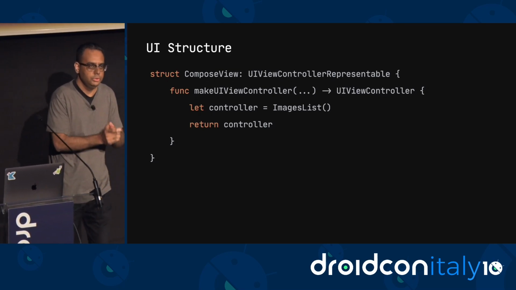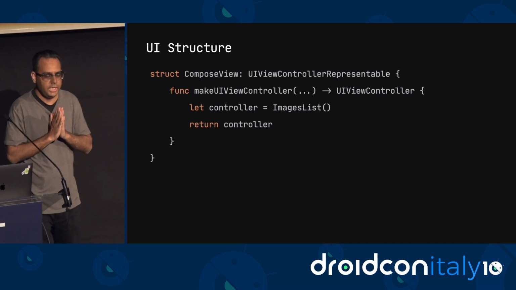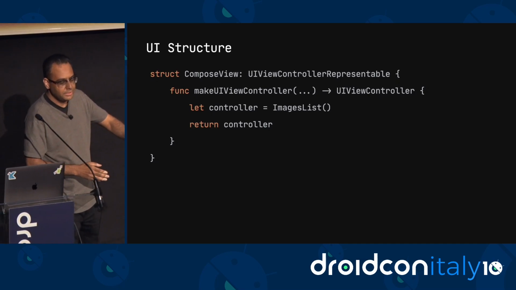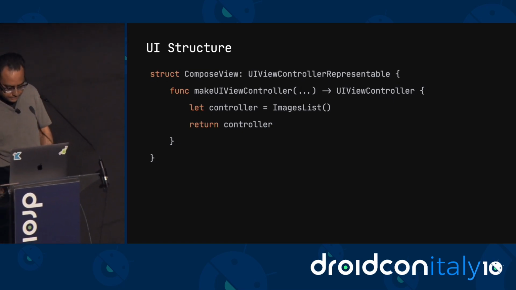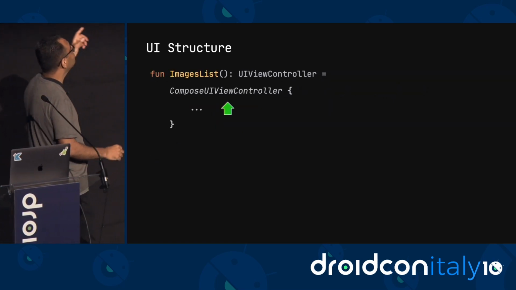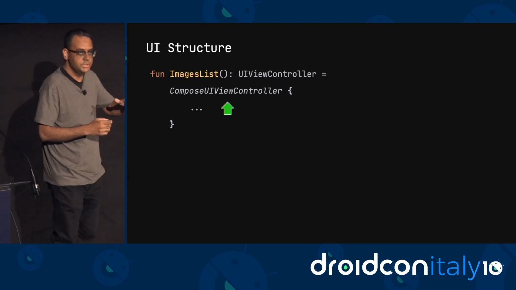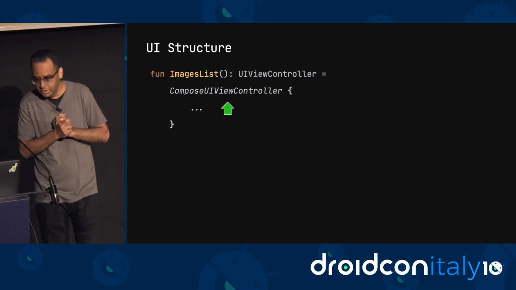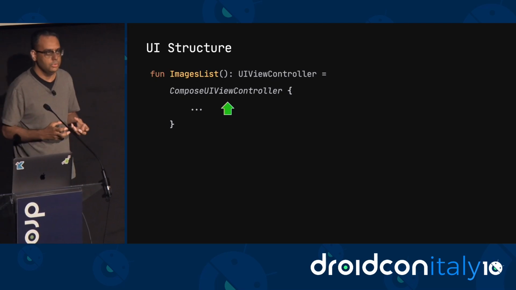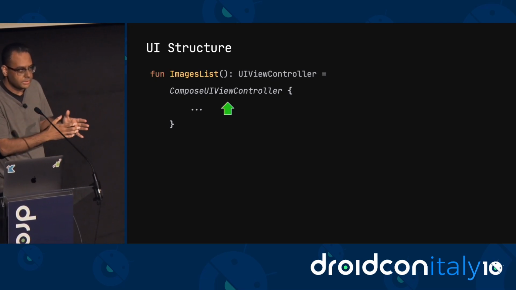I'm going to use something that the KMM library provides, which is the bridge, basically. And what that is, it looks like this. So this right here, ComposeUIViewController, is the bridge that the KMM library provides. And the lambda block here is where I specify the Compose code that I want to use in iOS.